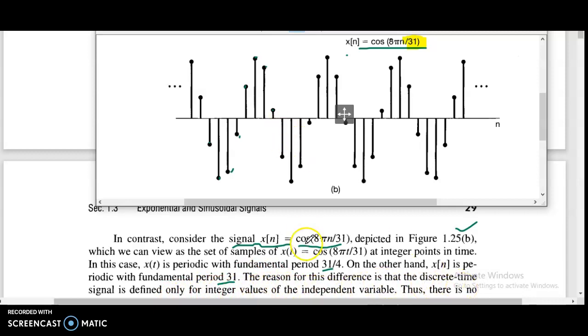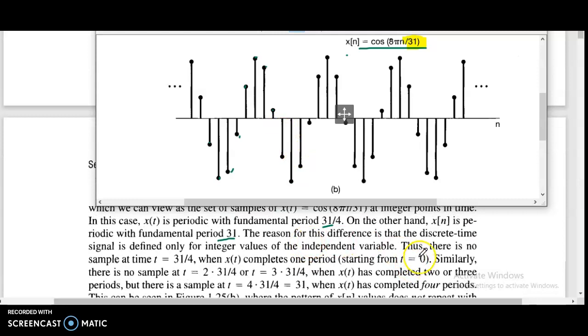Thus, there is no sample at the point 31 divided by 4 when x of t completes one period starting from t equal to 0.